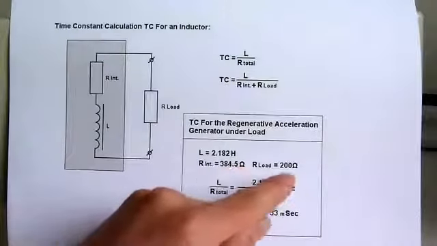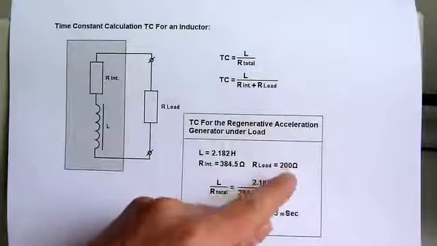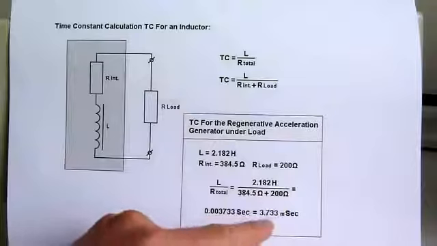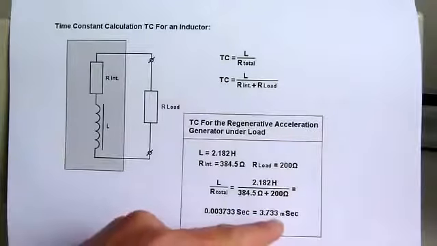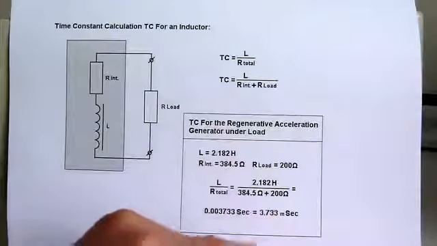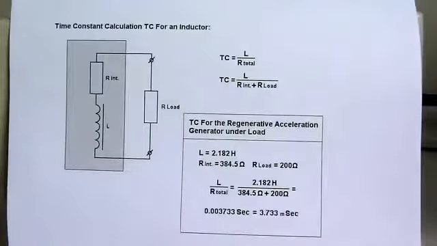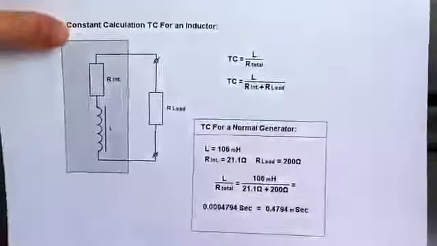When you hook up the same 200 ohm load to this, you get a totally different time constant. This value is much bigger than in the previous high current, low impedance coil. In this case it's now 3.7 milliseconds, and with this high impedance coil this value is almost 10 times bigger than in the previous high current coil.